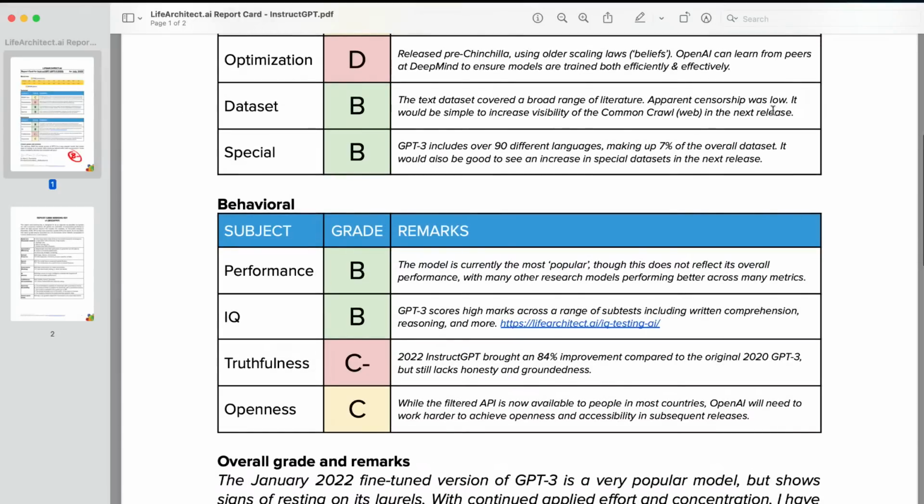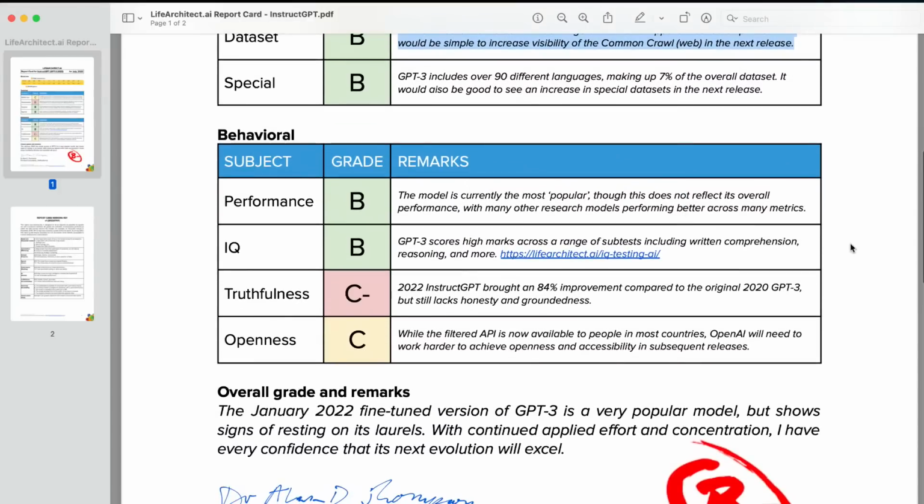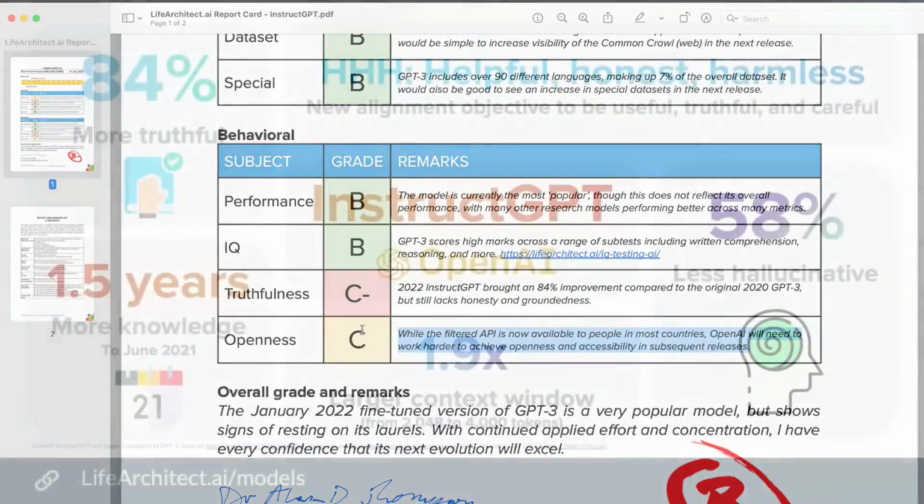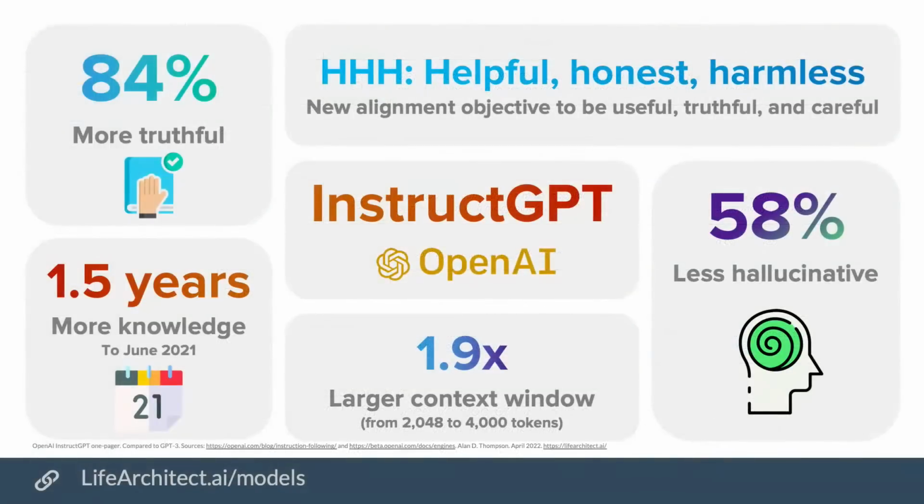The data set, they did talk in the paper about how it aligned with GPT-3. We got some improvements on truthfulness and certainly openness. The API is available pretty much anywhere. We've spoken already about just how useful this model can be when applied to a standard application.